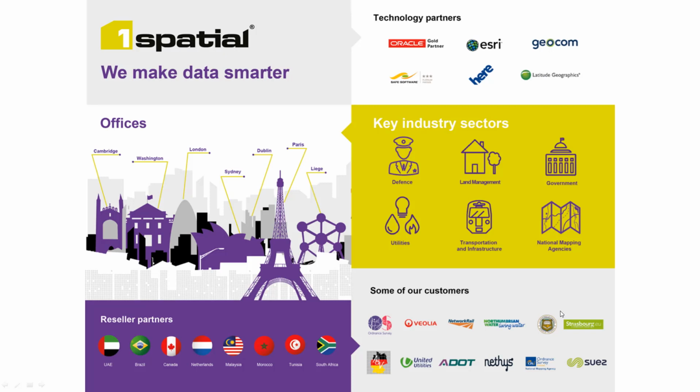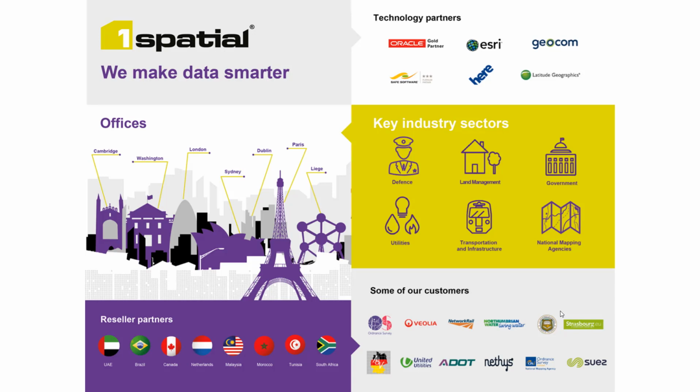So first of all, just a very brief overview of who we are. We are One Spatial Group Limited. We're a spatial systems integration organisation. We've got our headquarters in the UK in Cambridge, and we have offices in lots of other countries, in Australia, in Belgium, France, in America.